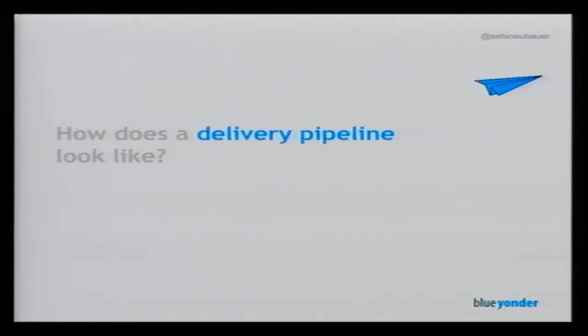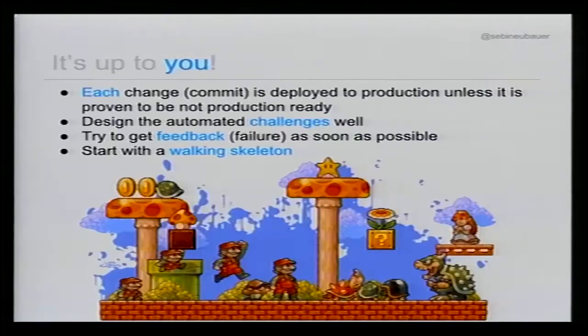Okay, so now let's look at this production line. How does it look like? And once you really do it, you always feel kind of in such a jump and run game. So first of all, each change, that means some software developer somewhere around the world is committing something, is deployed to production. Full stop. Each change goes into production.